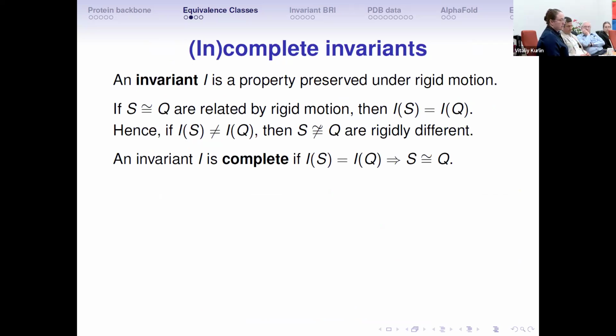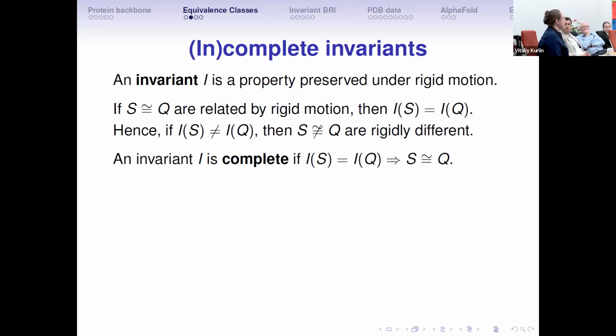Again, that's the same topic that will be mentioned throughout the whole day here: the theory of invariance. I will remind the first speaker that an invariant is just a property that is preserved. In our particular case, that's the property that is preserved under rigid motion, because that's the property we are mostly interested in. In practice, what does it mean?